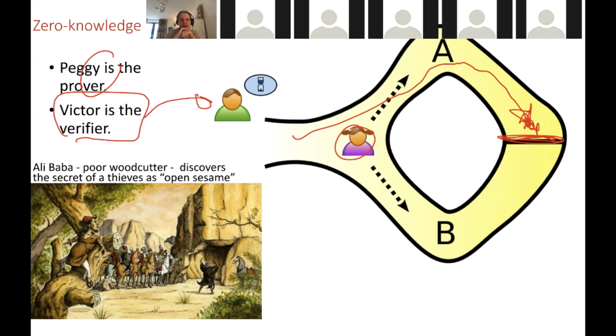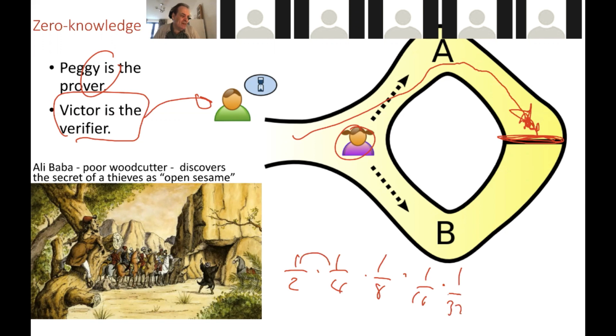So does Peggy know the secret passphrase? No. Okay, so she has a 50-50 chance, but every single time we send her in, it's a 50% chance, and then it's a 1 in 4, and then a 1 in 8, and then 1 in 16, 1 in 32.